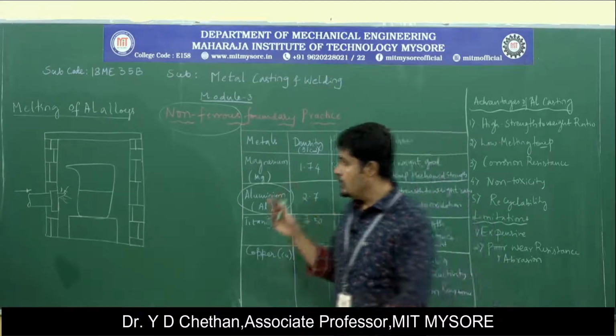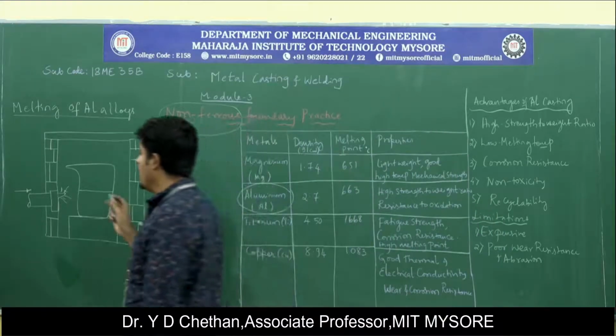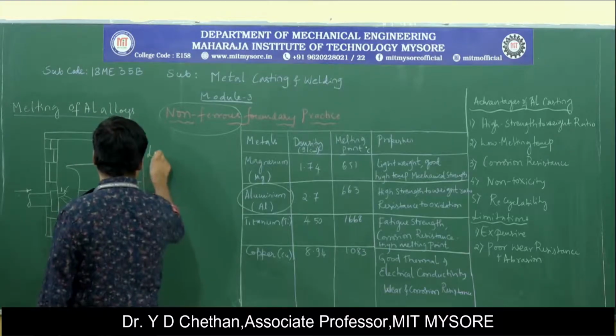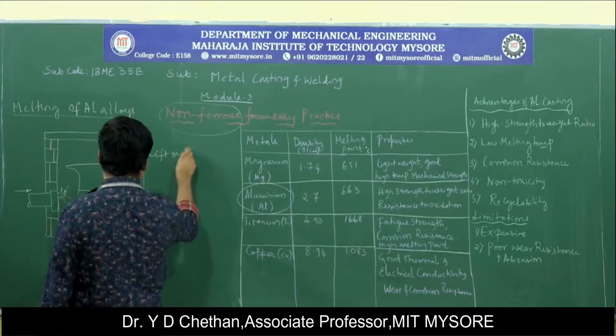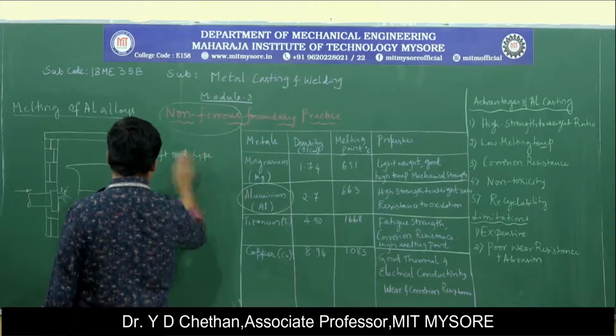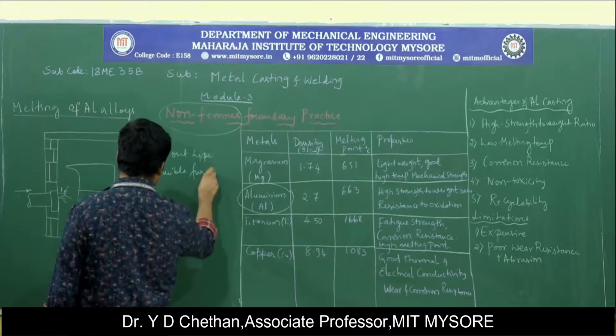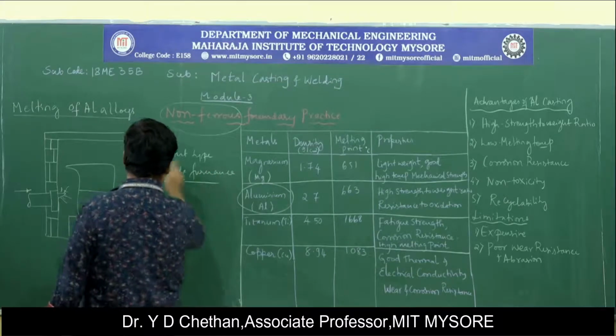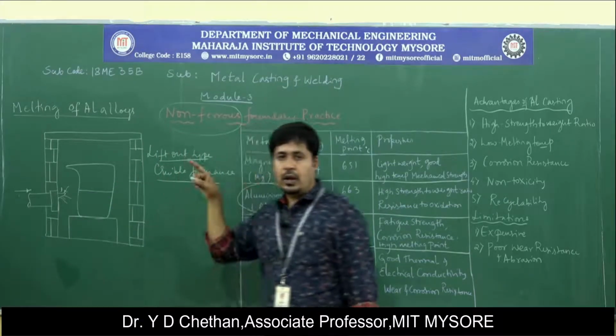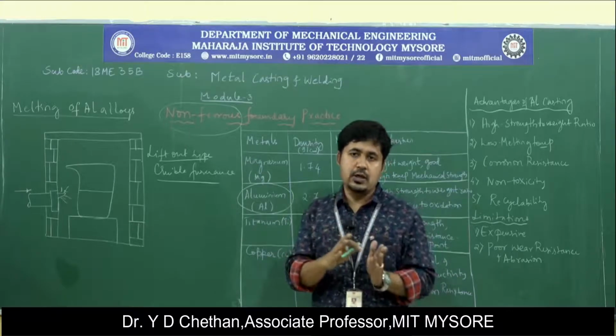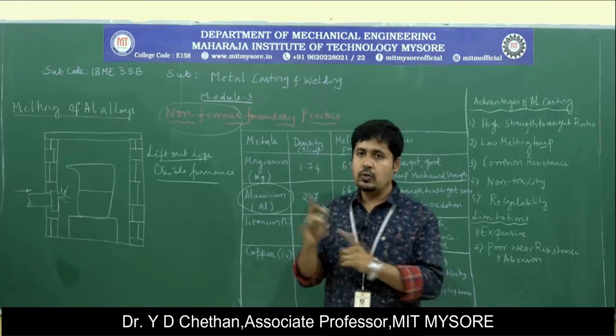So here we are considering the lift out type crucible furnace. The lift out type crucible furnace is employed to change the phase of aluminum from solid to liquid.